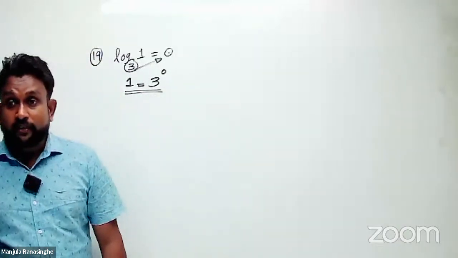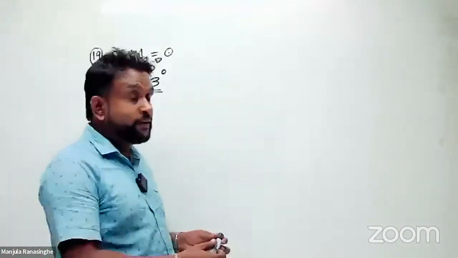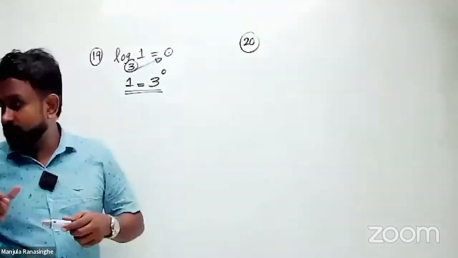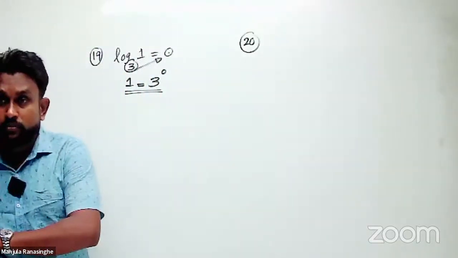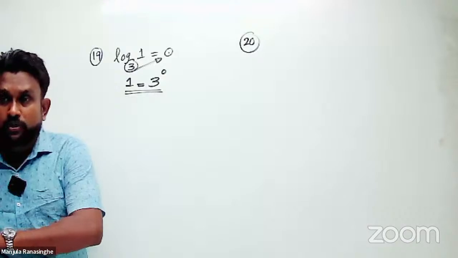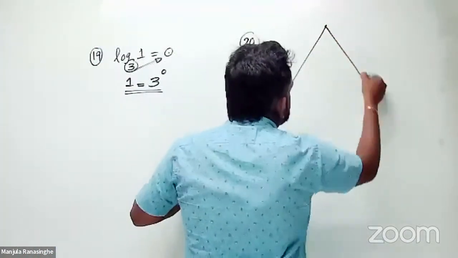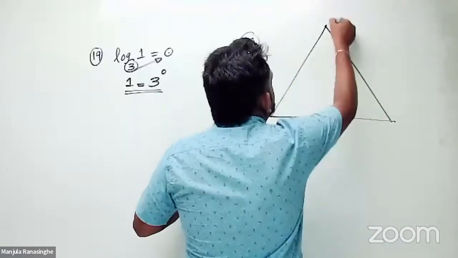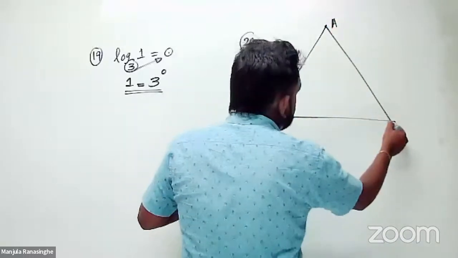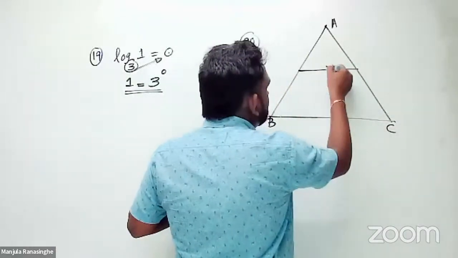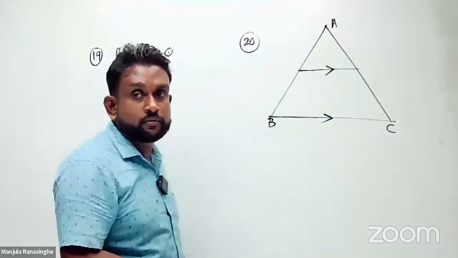Right, now we are moving to question number 20. This is an ABC triangle, and here PQ. You can see it is not parallel.